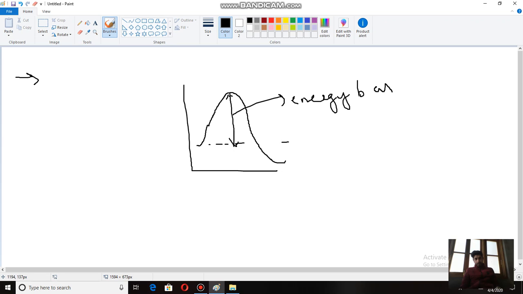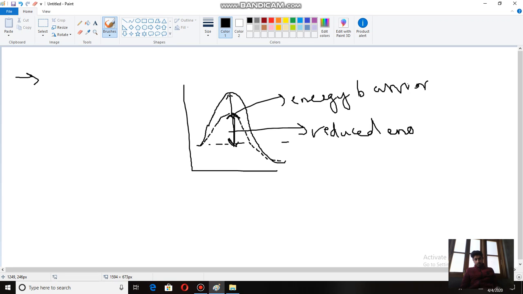Now as we add the catalyst, it will decrease this energy barrier. Now reactants need only this much amount of energy to form product. This is the reduced energy barrier.